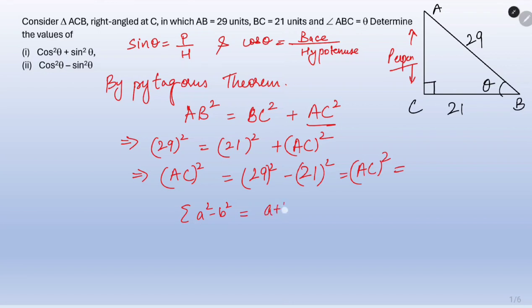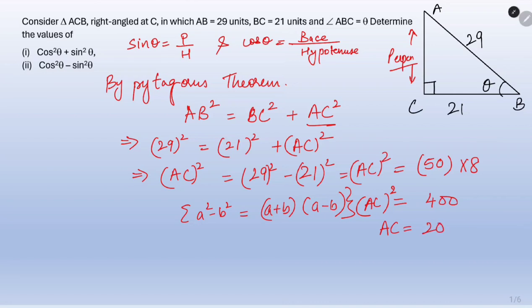It is A plus B into A minus B. 29 plus 21 is 50, and 29 minus 21 is 8. So AC square is equal to 50 into 8, which is 400. So AC is equal to 20 units, so perpendicular will be 20.